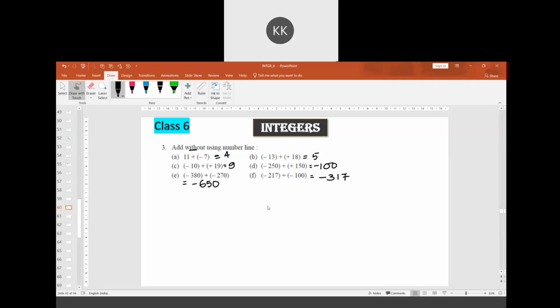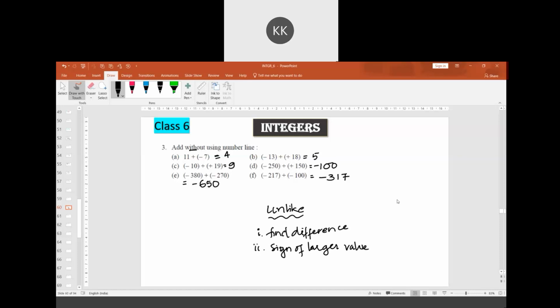So once again, I will just repeat. When unlike integers are there, what do we do? We find the difference. This is the first step we will do. Second step is we will consider the sign of the larger value.